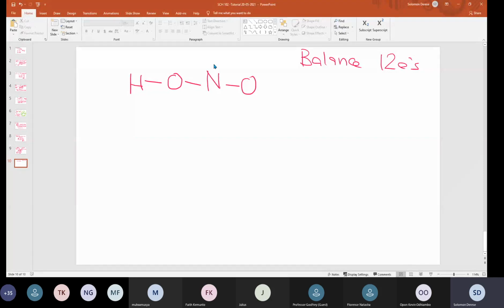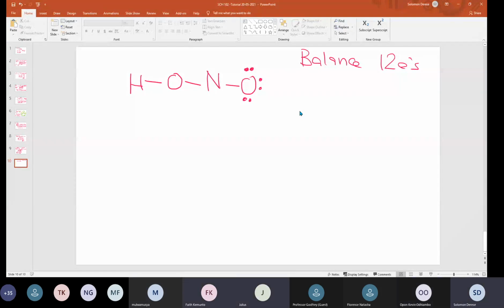So how many electrons will this oxygen on the outside require to have an octet? It requires 6. So we put them as pairs: 1 pair, 2nd pair, and 3rd pair. We have used 6. How many are we left with? 6.